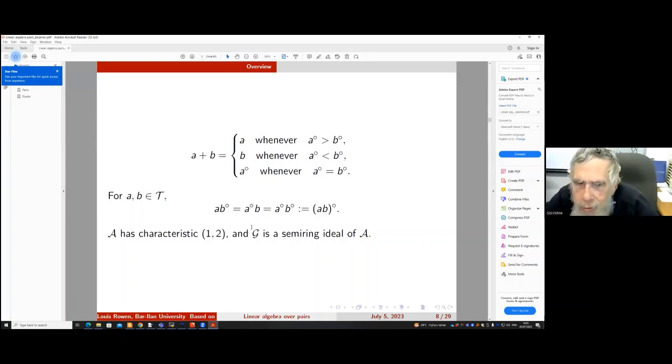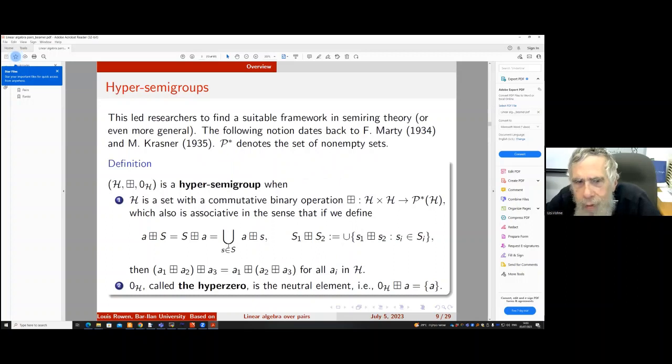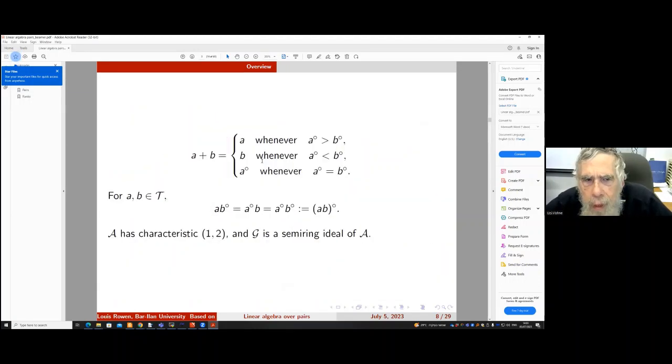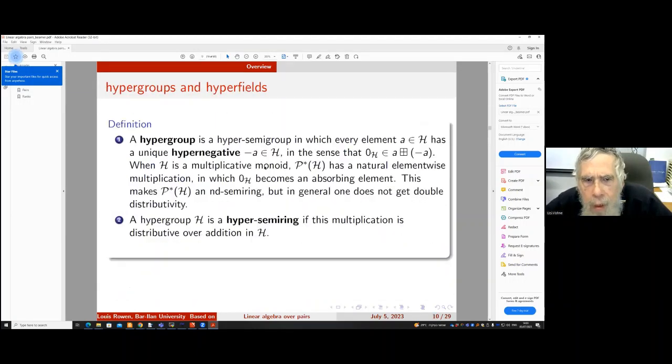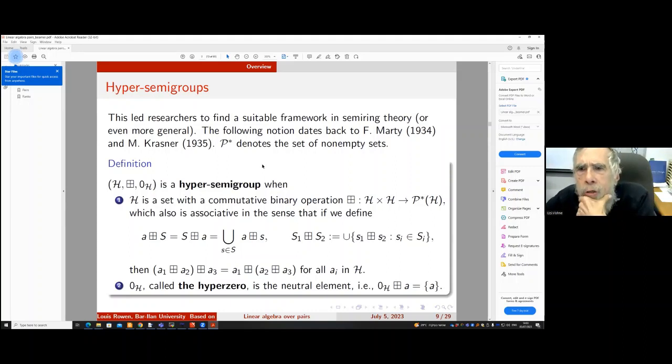And so that's different from the normal max plus algebra, which is characteristic 1, 1. Now researchers were trying to find how to handle this in semi-ring theory.